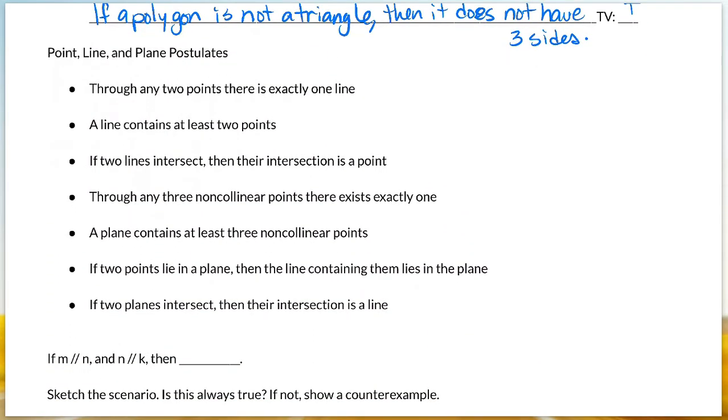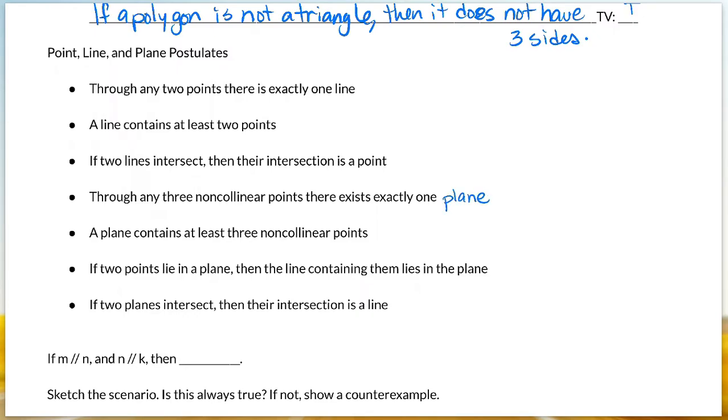These are point, line, and plane postulates. We've already seen these when we studied vocabulary, but just to reiterate again, through any 2 points, there is exactly 1 line. A line contains at least 2 points. That's kind of a forwards and backwards of the same idea. If 2 lines intersect, then their intersection is a point. Through any 3 non-collinear points, there exists exactly 1 plane.